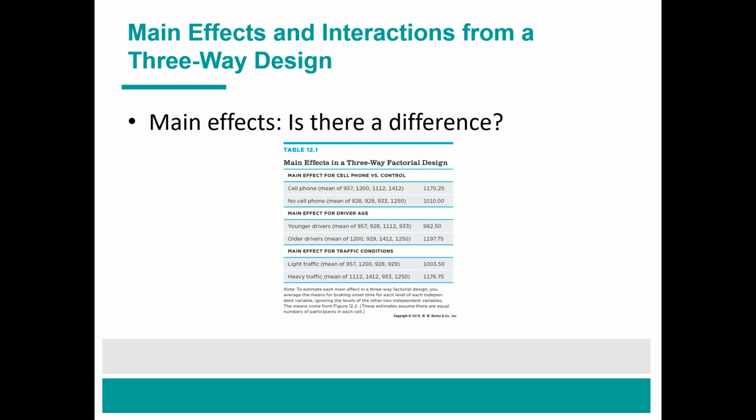Drivers brake more slowly in the cell phone condition than in the control condition. Older drivers brake more slowly than younger drivers, and drivers are slower to brake in heavy traffic than they are in light traffic. Thus, there are main effects for all 3 independent variables: cell phone condition, driver age, and traffic condition.